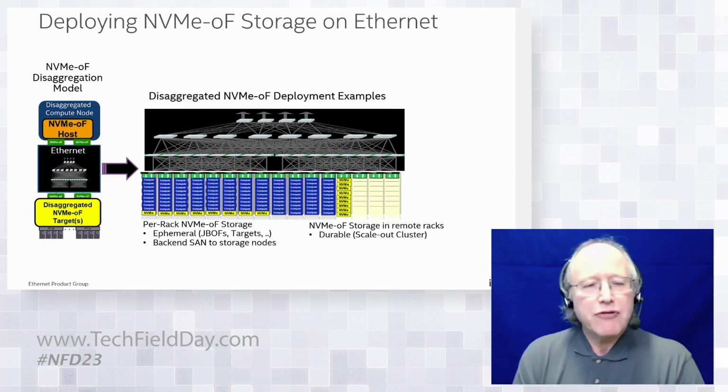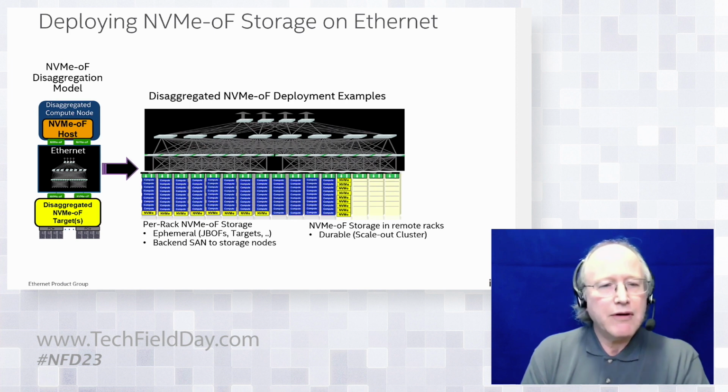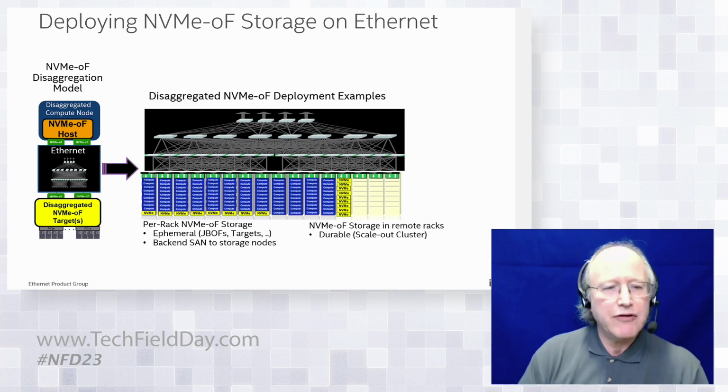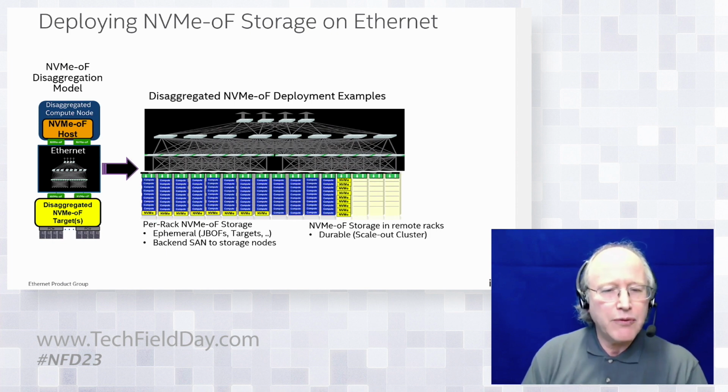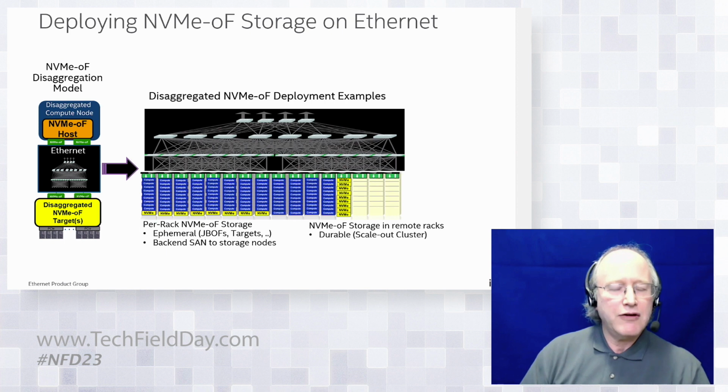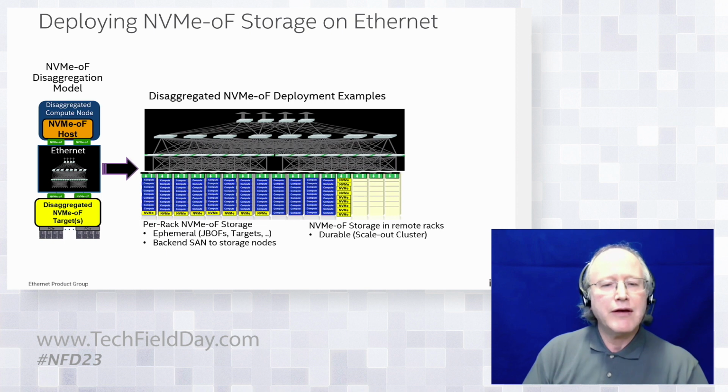Okay, if you look at a pictorial view of the model of deploying NVMe fabrics on Ethernet, there are some common models here, depending on what the storage requirement is within the data center. In certain cases you'll see storage being disaggregated at the rack level, where within a rack they want to provide a pool of storage at high performance, either as ephemeral or JBOFs or possibly even for some durable.